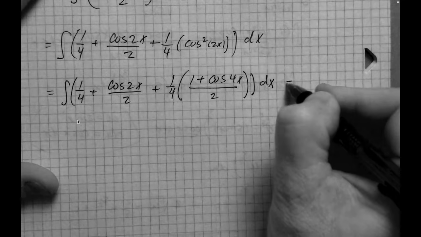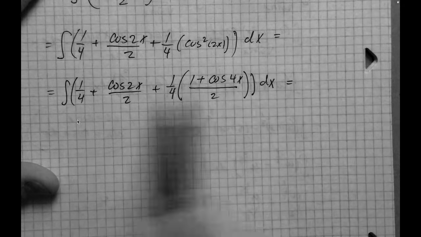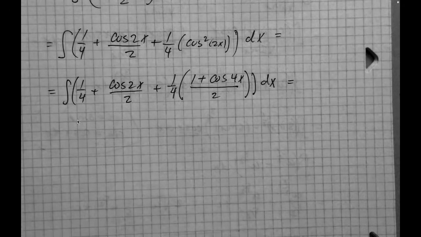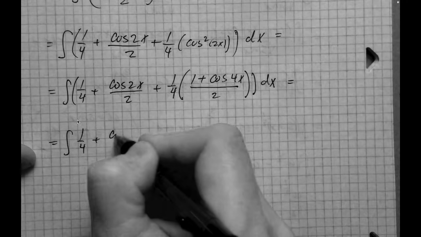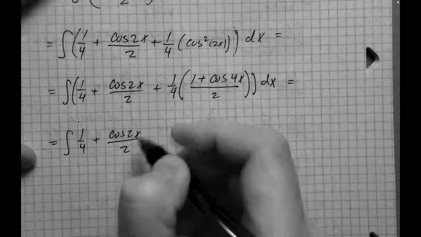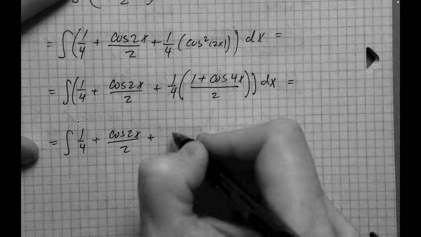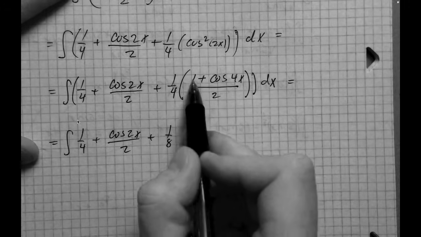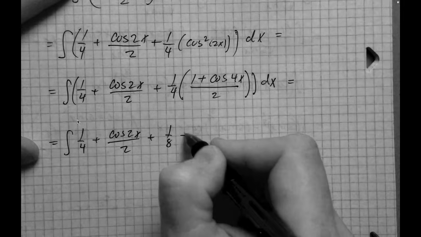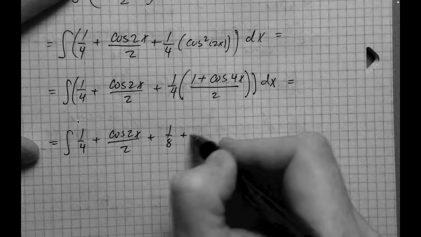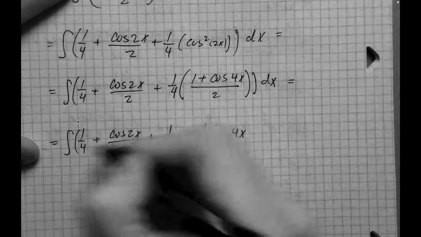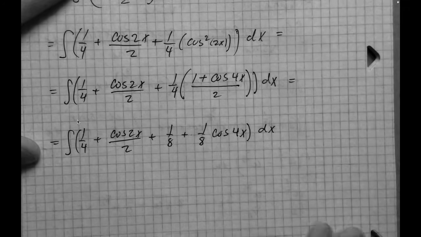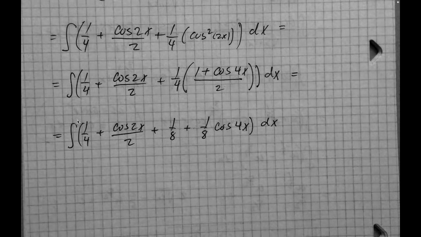Then we can just smooth this out, and then everything is actually the first power. So 1/4 plus cos 2x over 2 plus 1/8, so that's 1/4 times 1/2, plus 1/8 cosine of 4x. Okay, so that gets us all the way out to that.